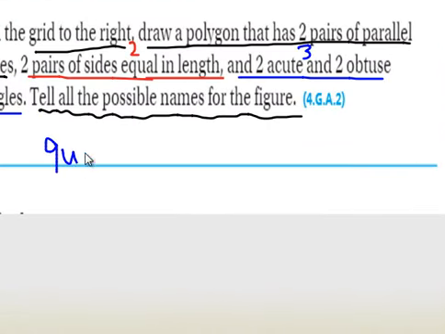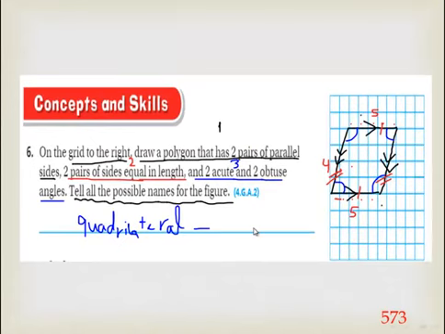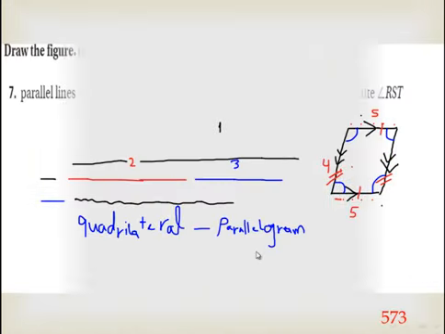So the first name, I should write quadrilateral. The second one is parallelogram. Okay, let's go to the next question.